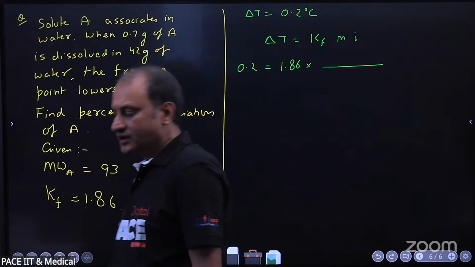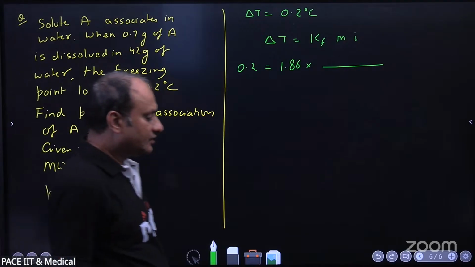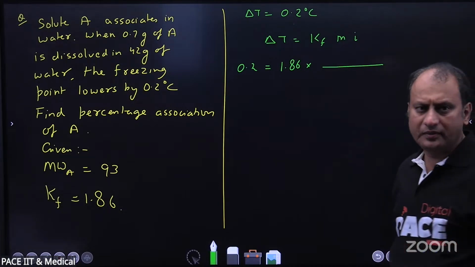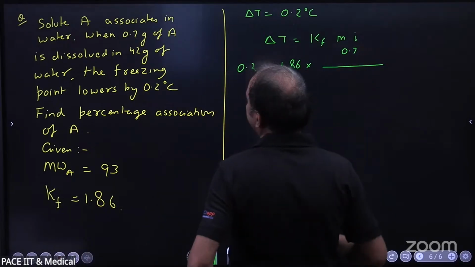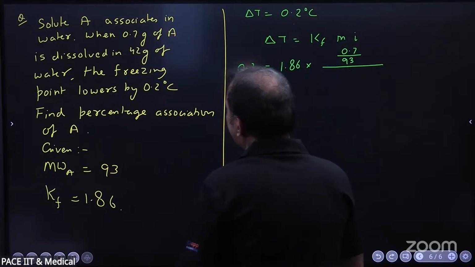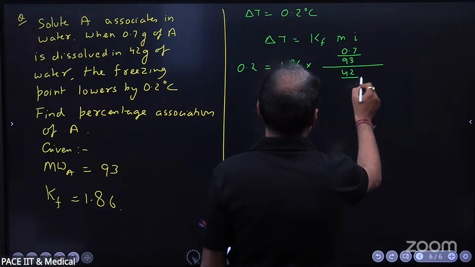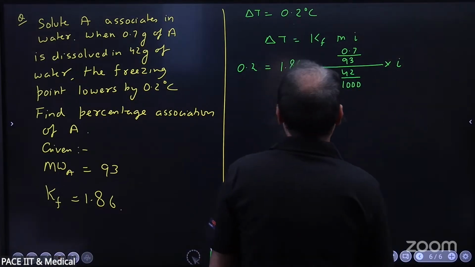Molality, how did we define molality? Molality we defined as moles of solute upon mass of solvent in kg. So how many moles of solute? Weight of solute 0.7 grams by molar mass 93, upon mass of solvent in kgs, 42 by 1000, into Van't Hoff factor i.